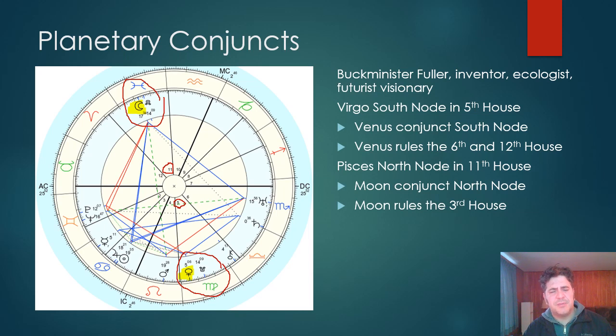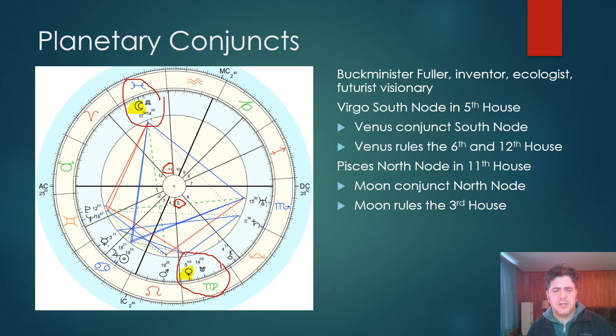And the moon is about emotions, security, how you regenerate, and being a moon in Pisces means that he's very sensitive and intuitive, particularly to dreams and visions and that sort of thing.